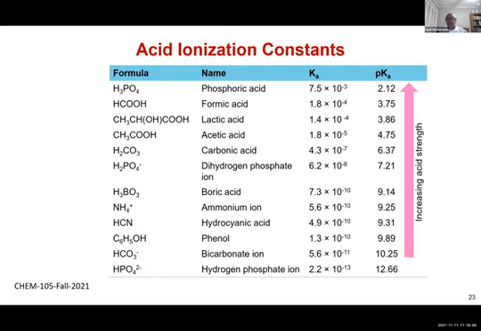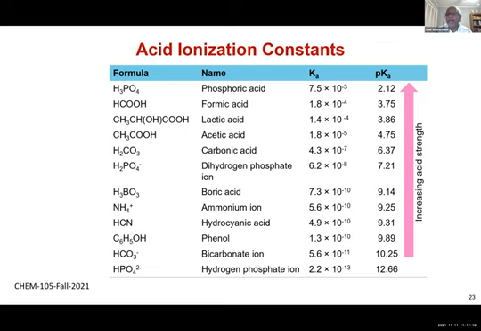Let's see this relationship. Phosphoric acid: K sub A value is 7.5 × 10 to the negative 3. So the K sub A value increases from bottom to top, because 10 to the negative 3 is a larger number than the ones below. Therefore, stronger acids are on the top.